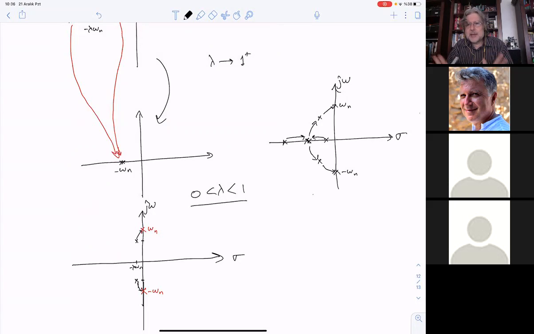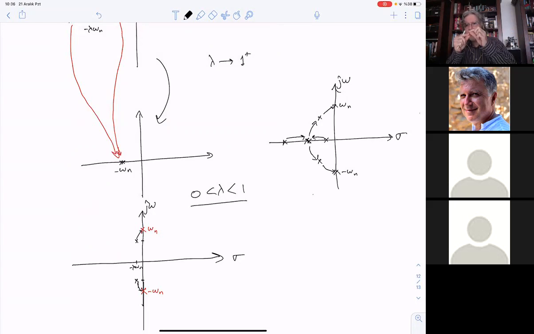The range of lambda that we are dealing with is between 0 and infinity. So this is how things behave. They are separated along the sigma axis at first. They come together as lambda approaches 1. When lambda is equal to 1, they meet.